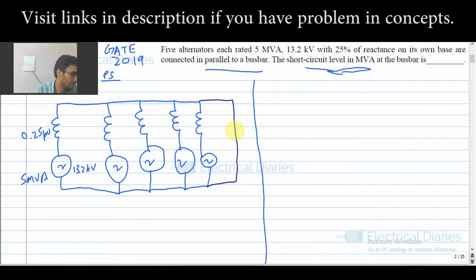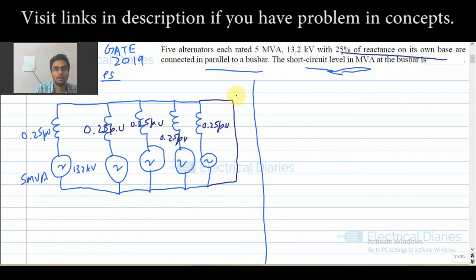Okay, see, in this question it's given 25% reactance on its own base. So the base voltage and base MVA is the same, 5 MVA and 13.2 kV for every machine, and it's 0.25 per unit for each.